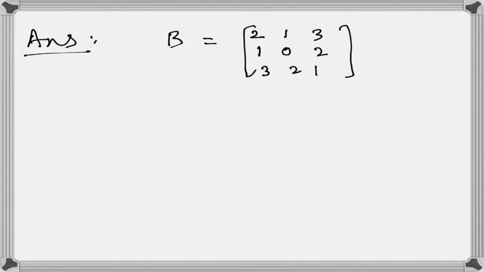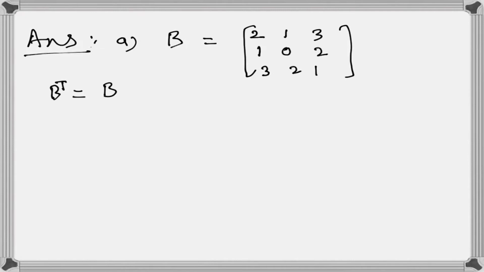Okay, so it is clear that B transpose is equal to B. So B is a symmetric matrix, right? Okay, so let's solve part A. We denote this matrix by B.